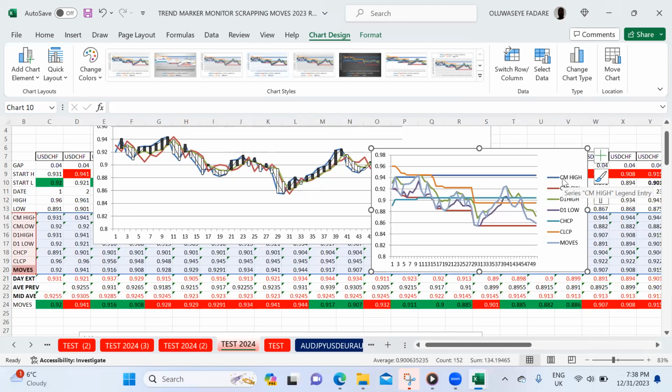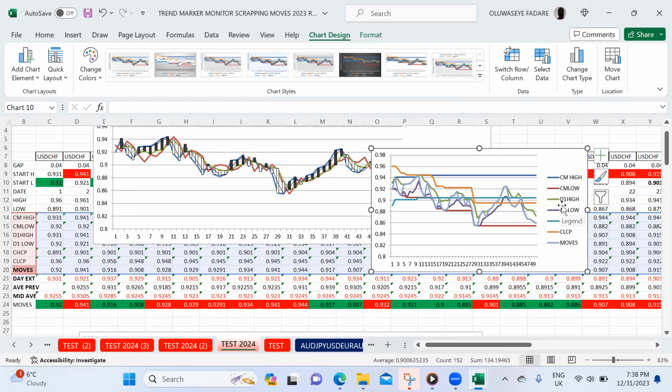So let me explain each variable to you. This is the cumulative high. That's the highest from inception until the end of the period. This is the cumulative low. You see that this seems to be the most extreme point out of the two. So this is the cumulative high and cumulative low. At the end of the period, the market must surely have these two positions.